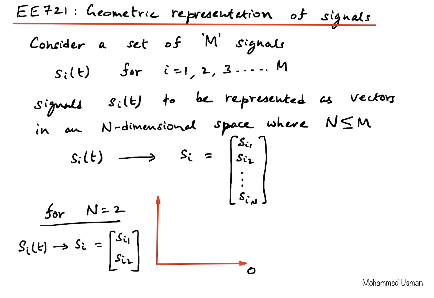So we call the axes phi 1 of t and phi 2 of t. The axes of the space on which the signals are represented as vectors are called the basis functions. So let me write that: the axes are called basis functions.